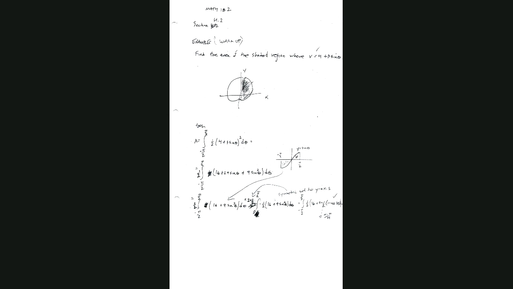Eight pi is the same as 32 pi over 4. I'm feeling good here.